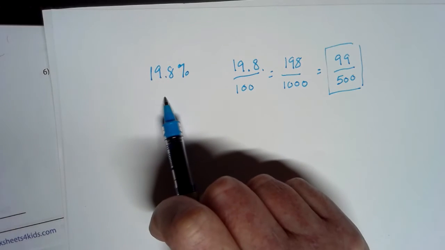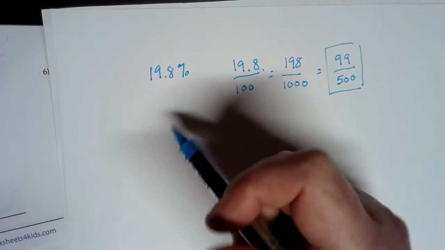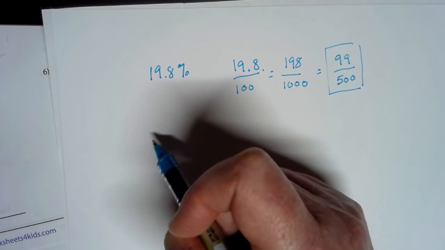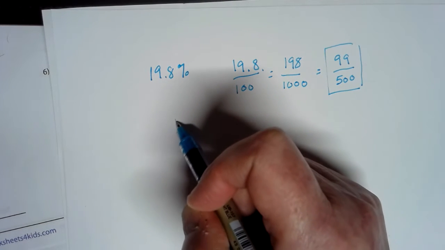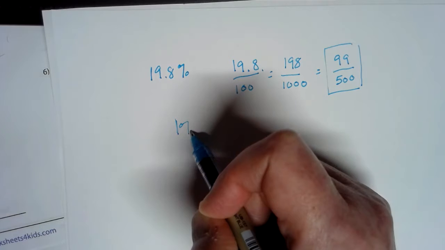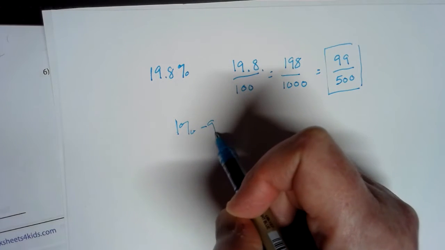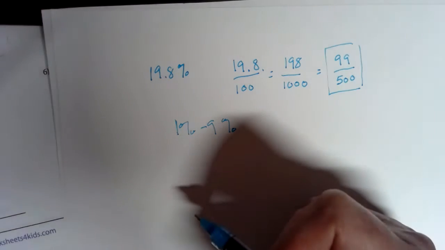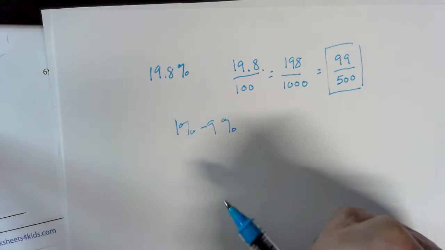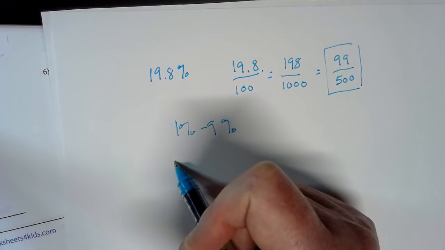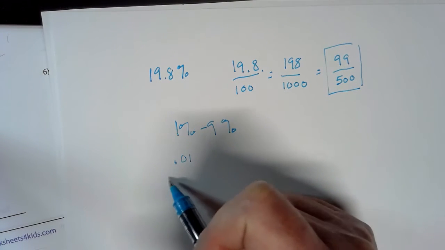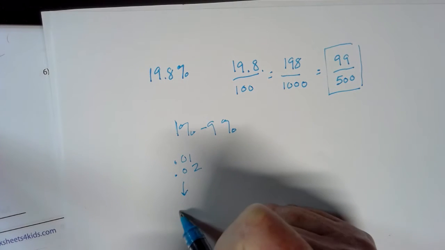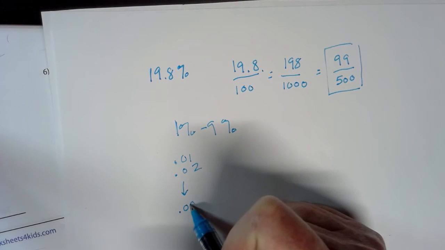And then if you want to turn this into a decimal, anytime you've got 1% to 9%, they are going to look like 0.01, 0.02 on down to 9%.